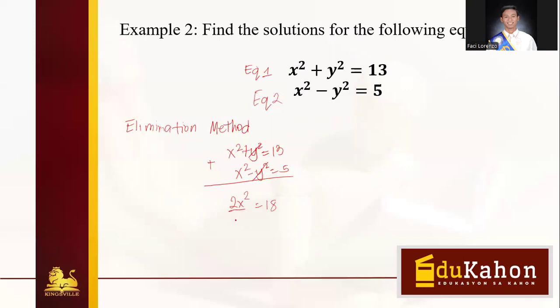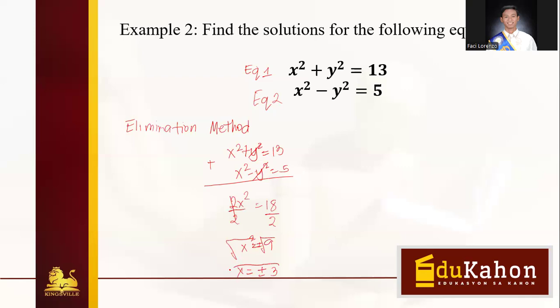And we divide both sides by 2. So now x squared is equal to positive 9. And if we get the square root of this, we will have two possible values for the square root. So x is equal to positive or negative 3.